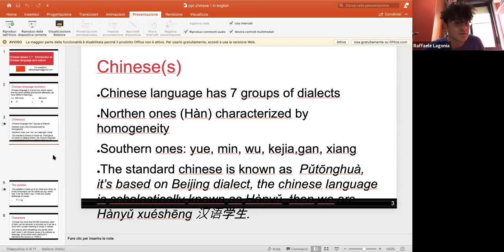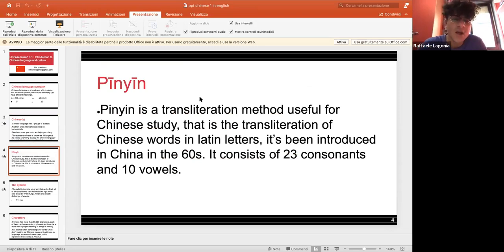Okay, let's move on. Pinyin. As you already studied Chinese, you may know that Pinyin is a transliteration method useful for Chinese study. That is the transliteration of Chinese words in Latin letters.